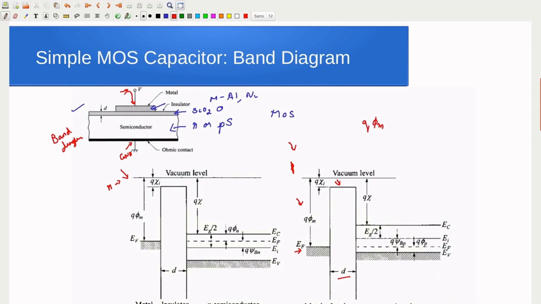And on the semiconductor side, we have the conduction band EC, the valence band EV, and the intrinsic level EI, which is the center of the band gap, EG by 2. It is EG by 2 away from EC and EV. And the Fermi level is below the intrinsic level, because this is a P-type, so the Fermi level will be closer to the valence band.